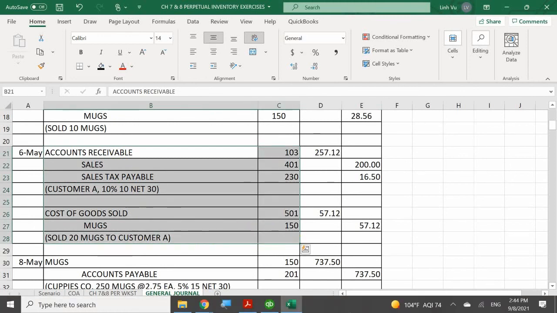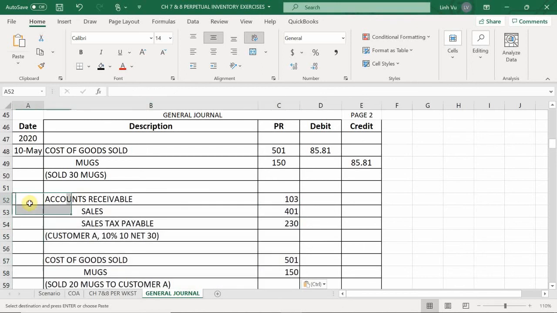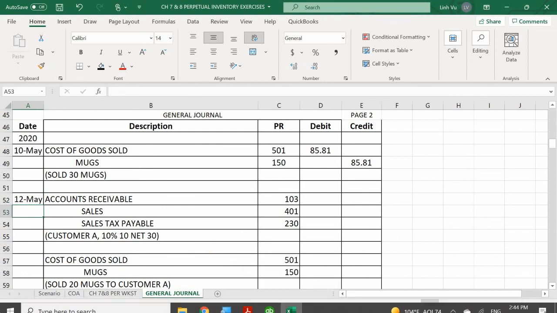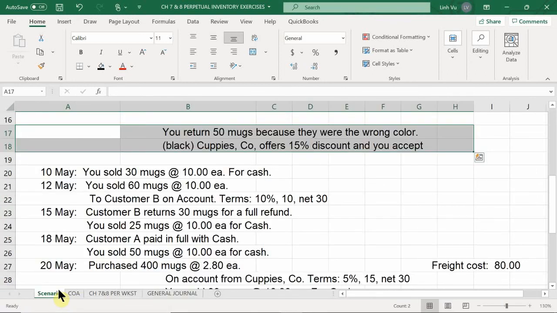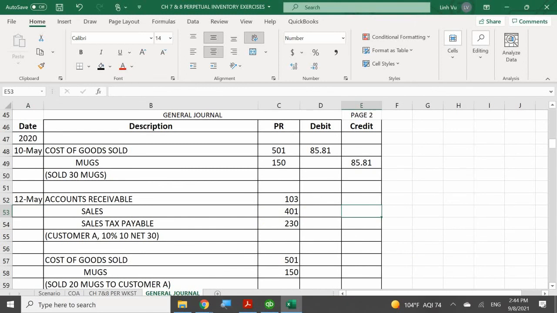Just going to copy this whole block here. On May 12th. So in this case, how many items did we sell to customer B? We sold 60 mugs at $10 each. So what's my total sales from customer B? 600.